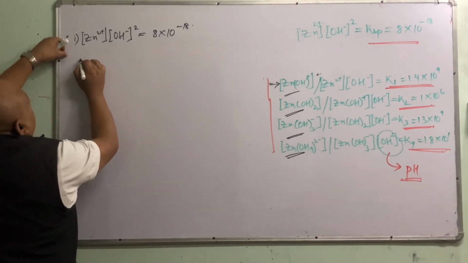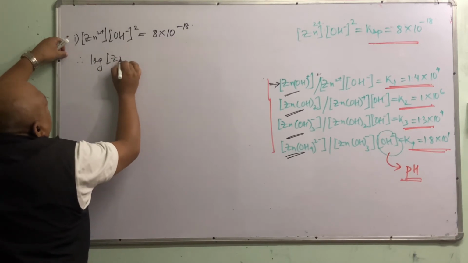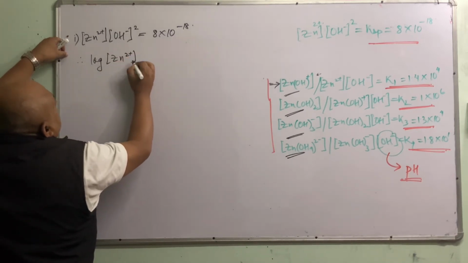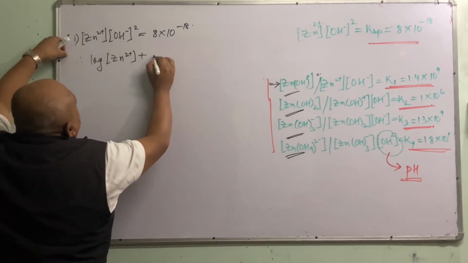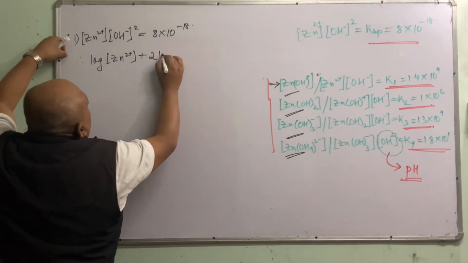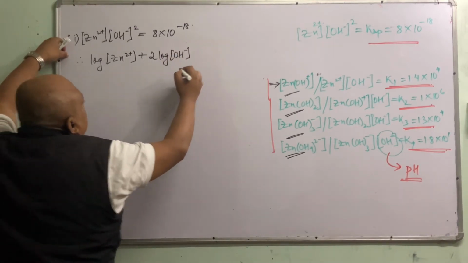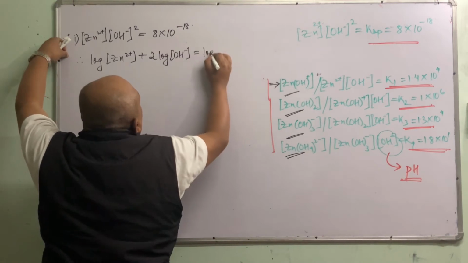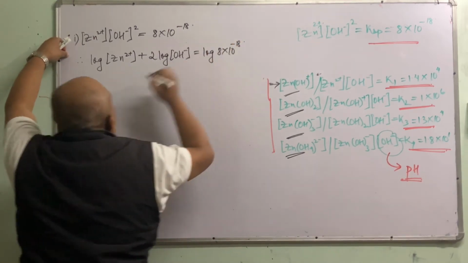So taking log, therefore, log of Zn2+, if you take both the log, plus 2 log of OH is equal to log of 8 into 10 to the power minus 18. Right.